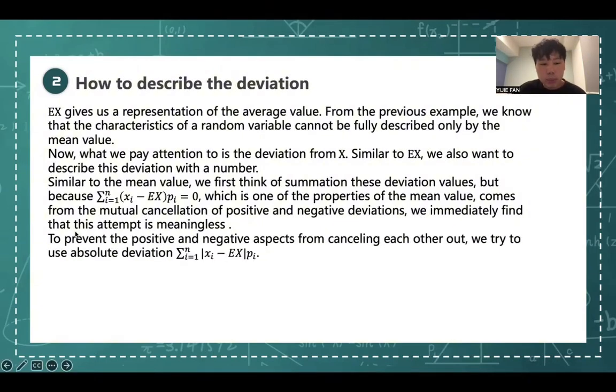To prevent the positive and negative parts from canceling each other out, we try to use absolute deviation to describe the deviation of random variables, which is equal to sigma i from 1 to n of the absolute value of xi minus EX, times pi.